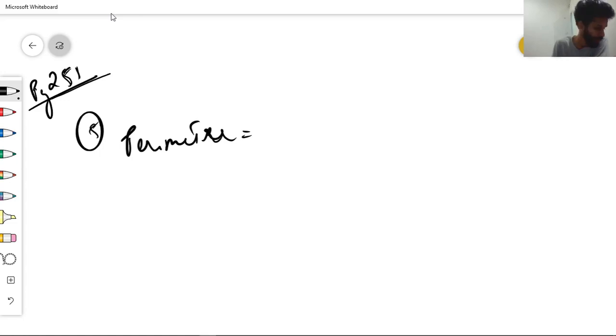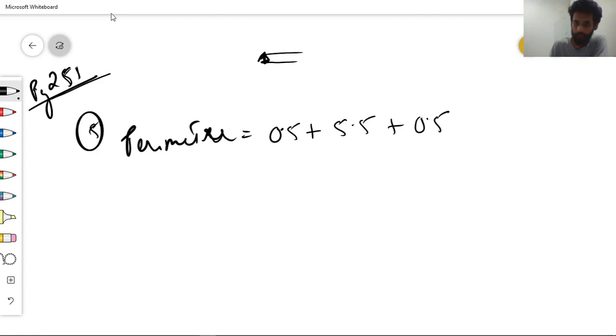Perimeter will be equal to, I will start from this side. This side is given 0.5. After that I have to plus, going to the downside, 5.5. After that I have to plus 0.5 again. After that I have to plus 1, again 1, then 1.5, again 1.5, again 1.5.